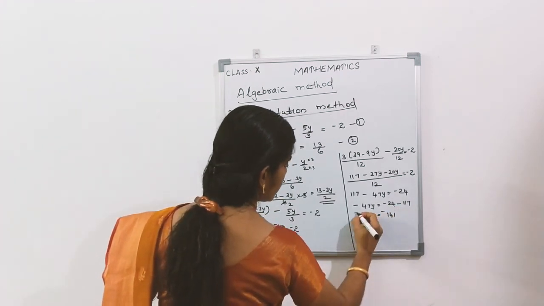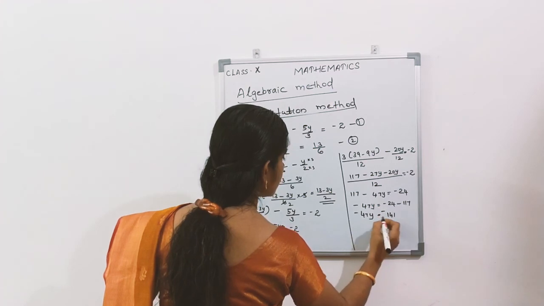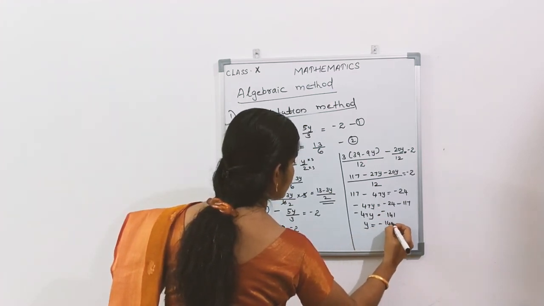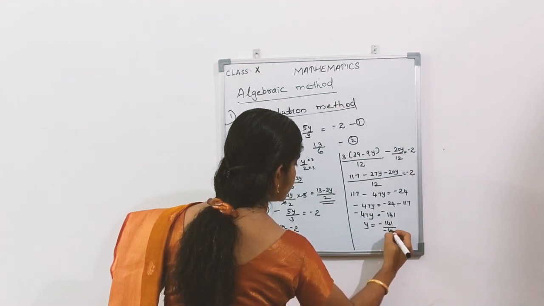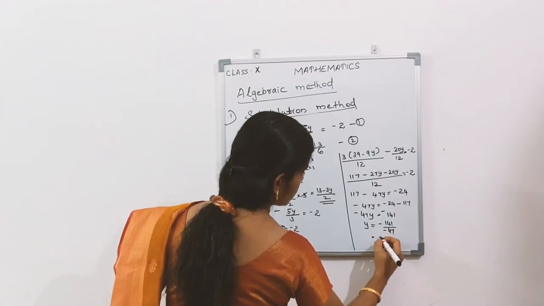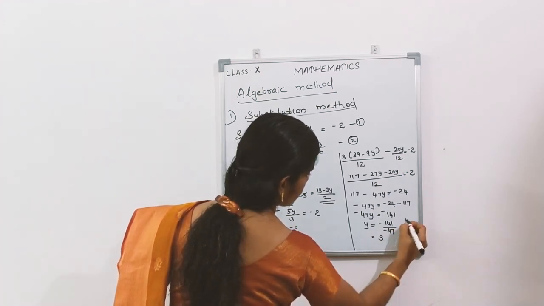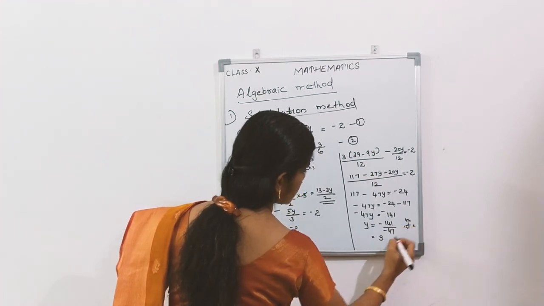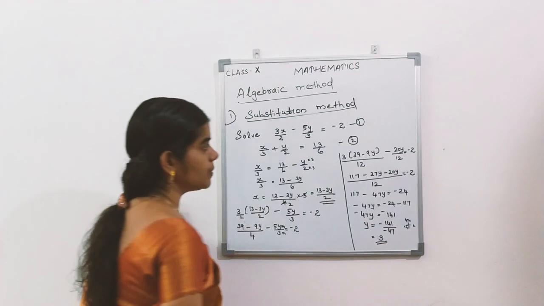Minus 47y is equal to minus 141. y is equal to minus 141 by minus 47. How many times? That is equal to 3, 47 into 3. Therefore, y is equal to 3.